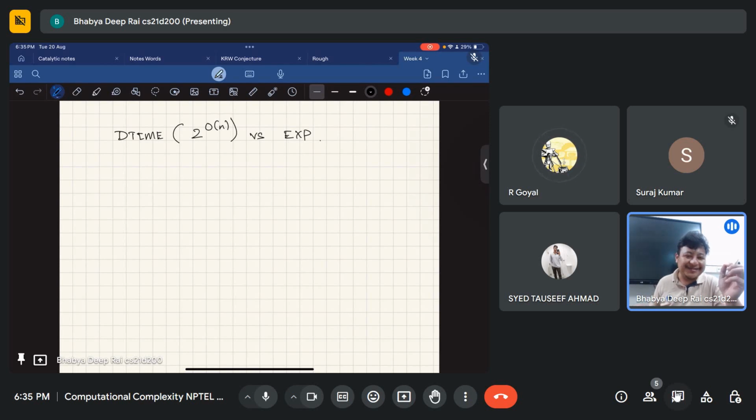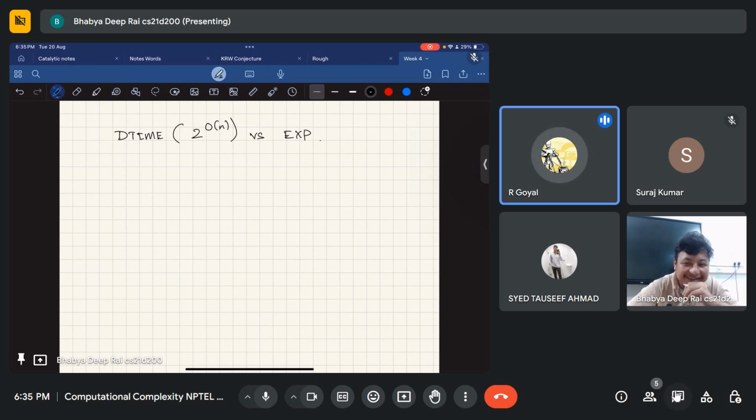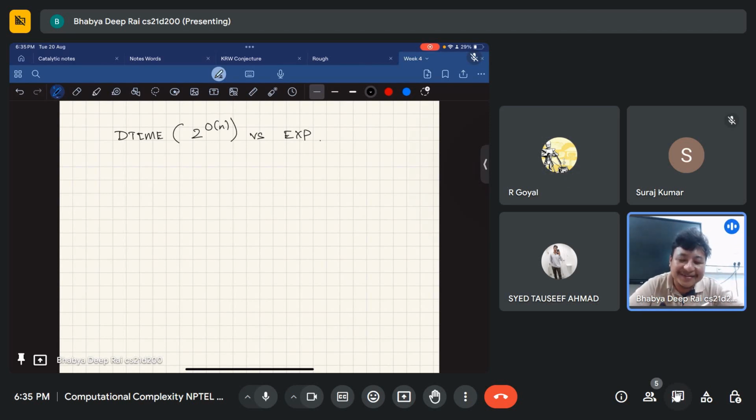There's a slight subtle difference. In case of EXP, this 2 could be replaced by 3 or 4 or any other number. Well, you can raise that 2 to the log of some constant and then you can still get base 2. Look at the exponent instead of the base, I would say.